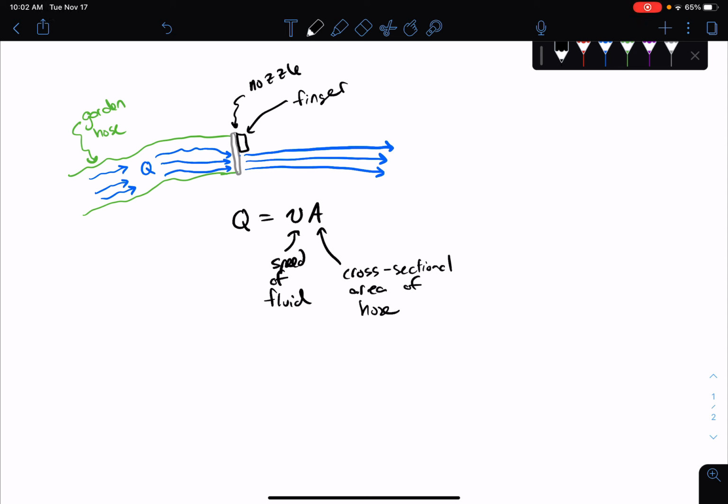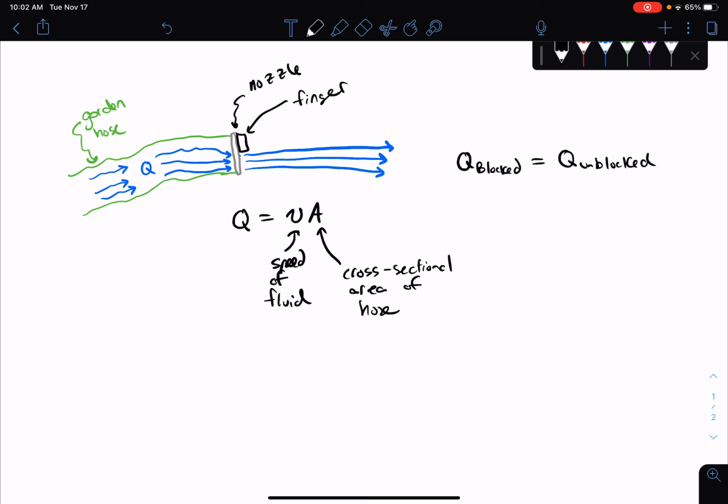And so you've got the same flow rate, but what's different when the nozzle is blocked versus not blocked is the area. And so if you've got the same flow rate, then that means that Q when it's blocked equals Q when it's unblocked.